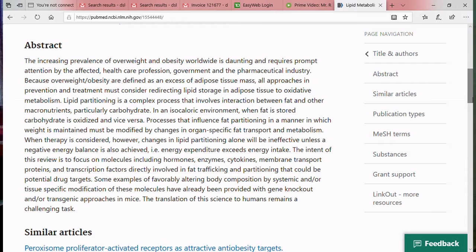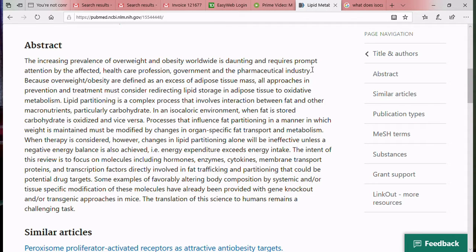Because overweight and obesity are defined as an excess of adipose tissue mass, all approaches in prevention and treatment must consider redirecting lipid storage in adipose tissue to oxidative metabolism. Lipid partitioning is a complex process that involves interaction between fat and other macronutrients, particularly carbohydrate. In an isocaloric environment, when fat is stored, carbohydrate is oxidized and vice versa.